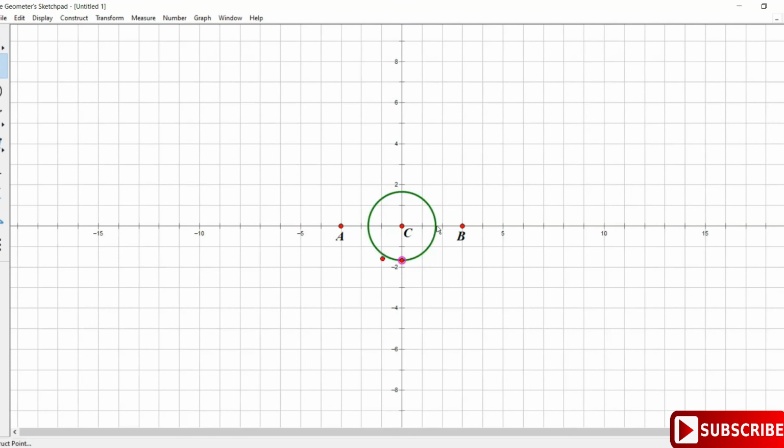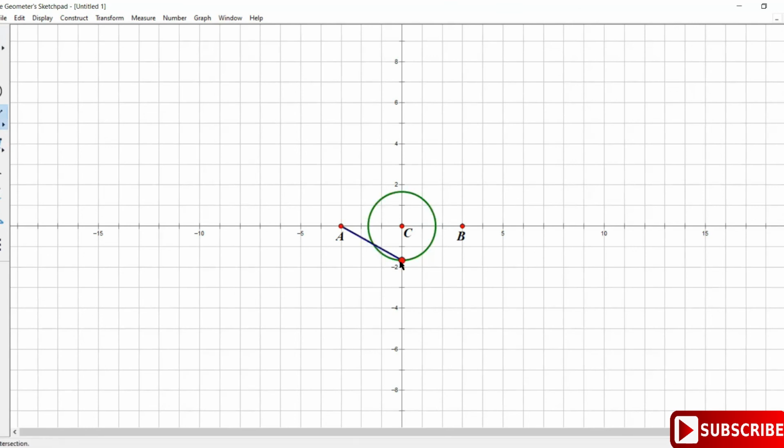P can be here, here, here, here. It doesn't matter. We just know that P is moving in a circle. But it is moving in a circle such that the square of the distance from A to P plus the square of the distance from P to B is equal to 4 times the distance AB. Now let's check it out if that is true.